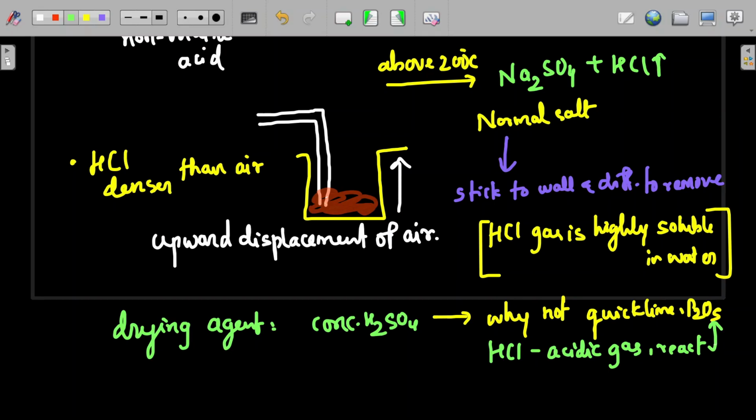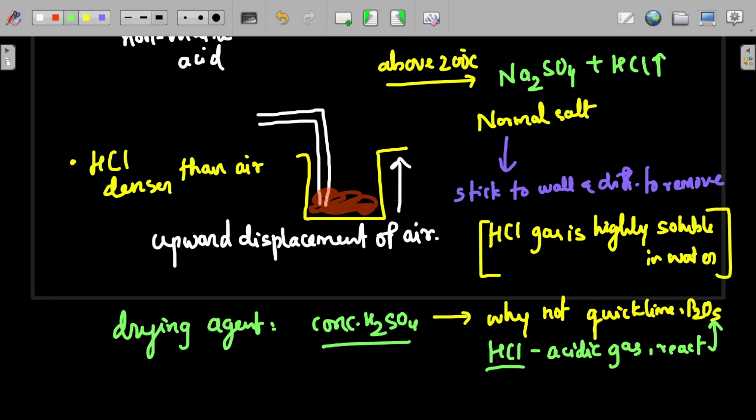So if it reacts, then there is no meaning of drying it. Drying means what? You want to remove only the moisture. Nothing should happen to HCl. And concentrated sulfuric acid is also acidic. HCl is also acidic, so they don't react with each other. So concentrated sulfuric acid only absorbs the moisture.